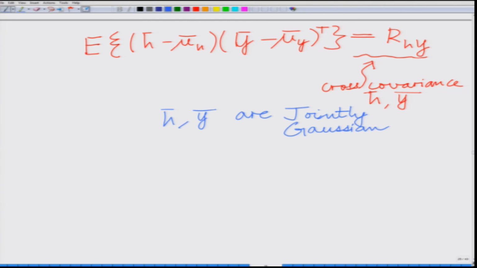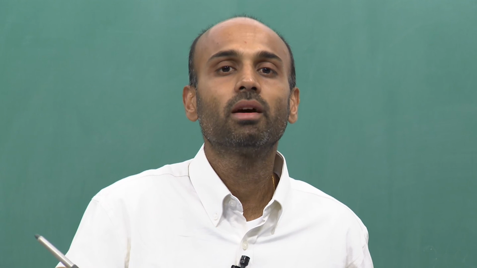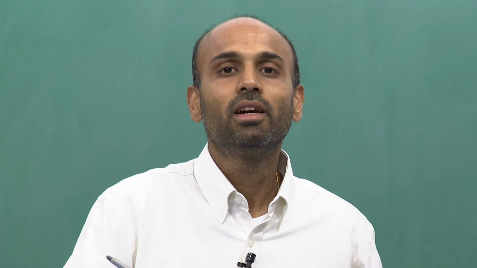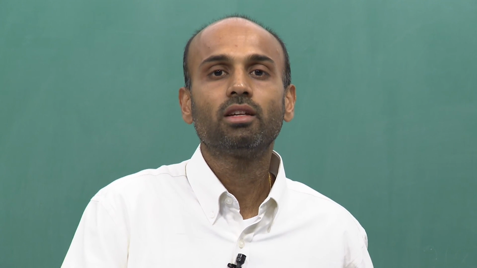Now, in this scenario, the vector estimate h hat, which is also the conditional mean of the parameter vector h bar given the observation vector y bar, is given as follows. Instead of the small r_hy and small r_y, I am going to replace the variances and covariances by the cross covariance matrix and the covariance matrix respectively. That is a relatively simple and straightforward extension of the scalar scenario to the vector scenario.